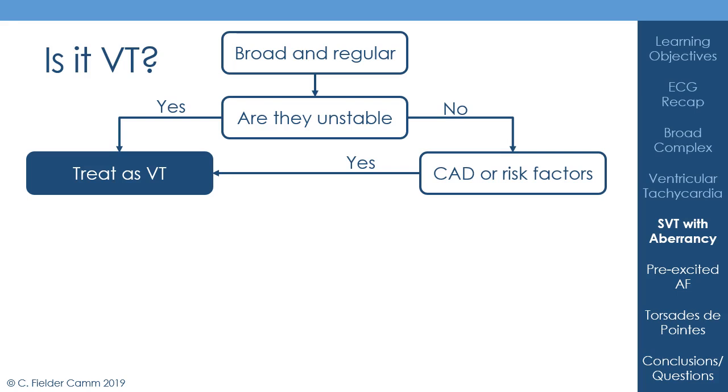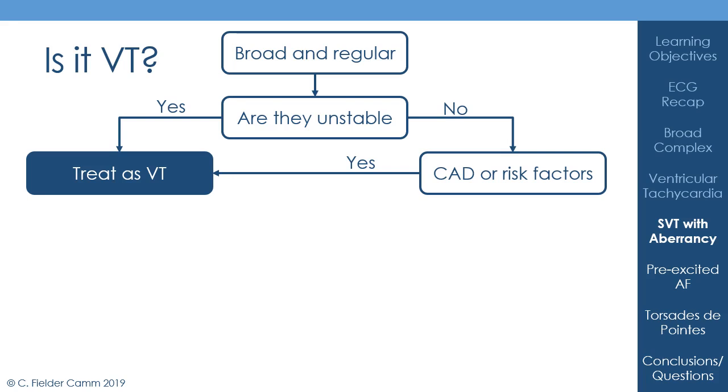However, if you treat ventricular tachycardia like a supraventricular tachycardia, you go down that pathway of trying vagal maneuvers and adenosine, that won't do anything for the VT. And so there's plenty of time during that for the patient to become unstable, and you've just given them a treatment that has absolutely no chance of benefiting them. Okay, so I'd be very cautious about ascribing a broad regular tachycardia as not being VT.